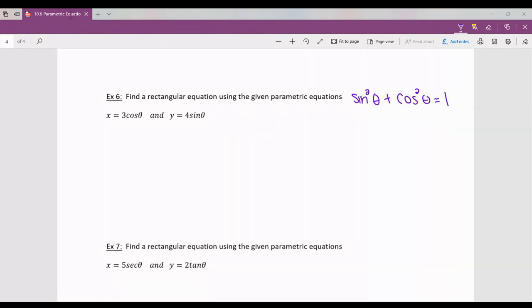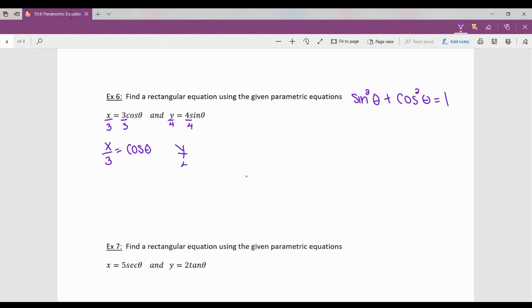So the first thing I need to do is get the sine squared and the cosine squared by themselves. So I'm going to divide both sides by 3, so I get x over 3 equals cosine. Sorry, not cosine squared, not yet, jumping the gun. And then divide by 4.